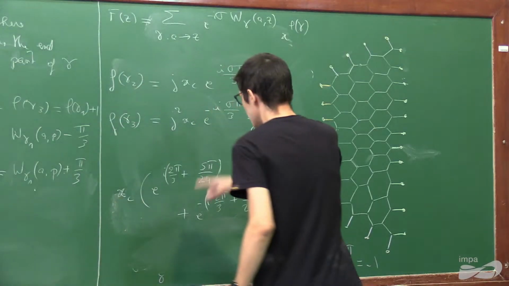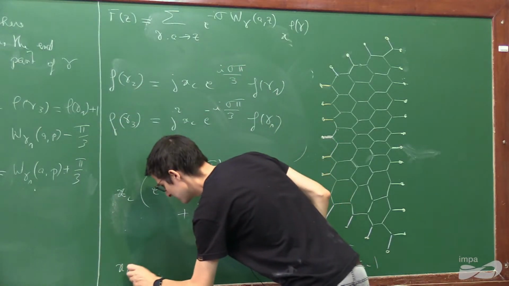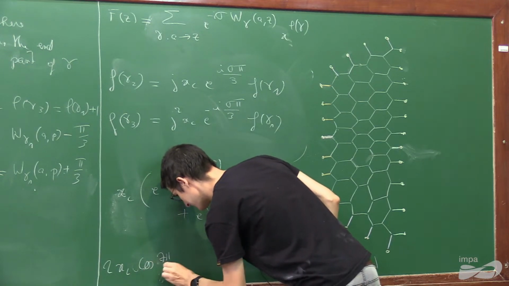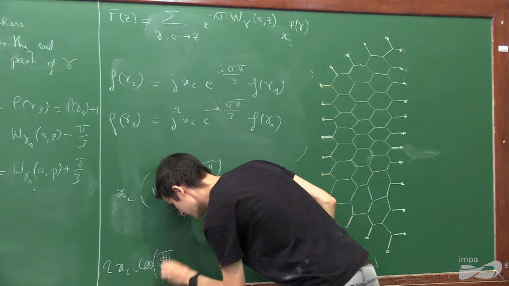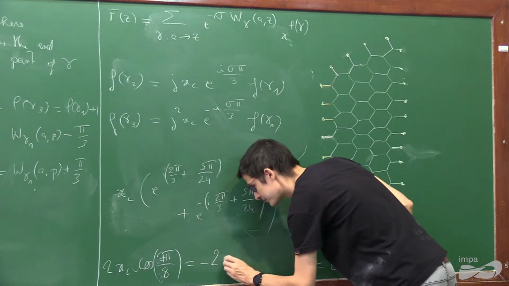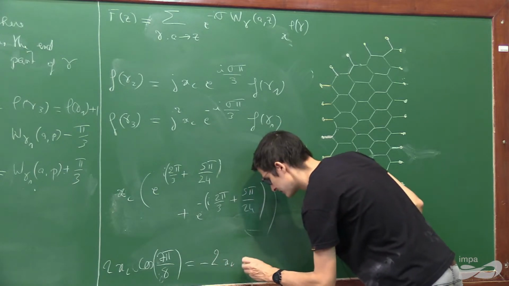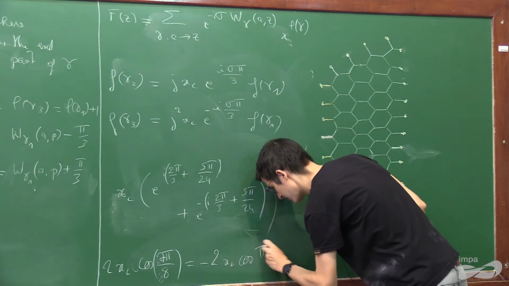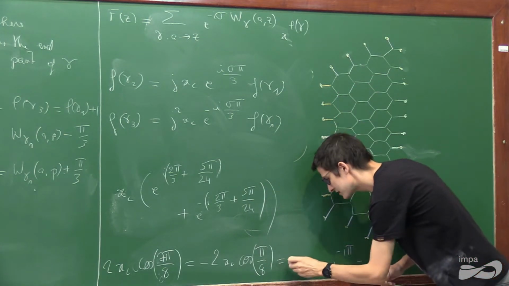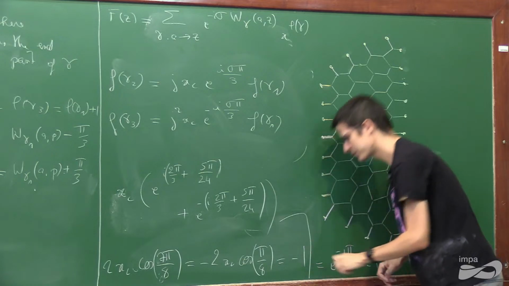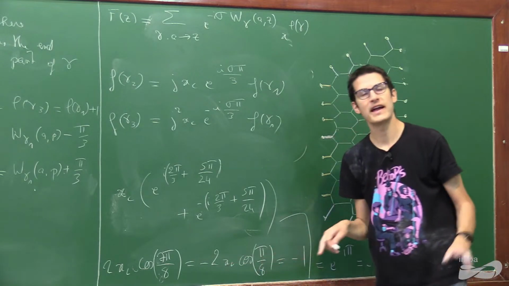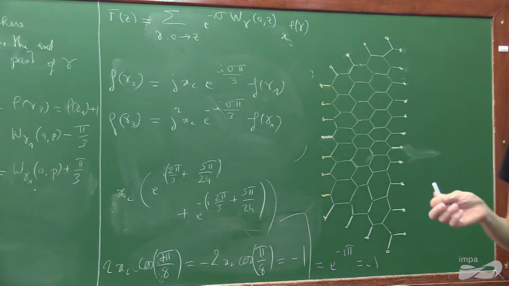Okay, so from this, you get xc times 2 times cos 7 pi over 8, which is just minus 2 xc cos pi over 8, which is equal to minus 1, because 2 cos pi over 8 is mu, and xc is 1 over mu.